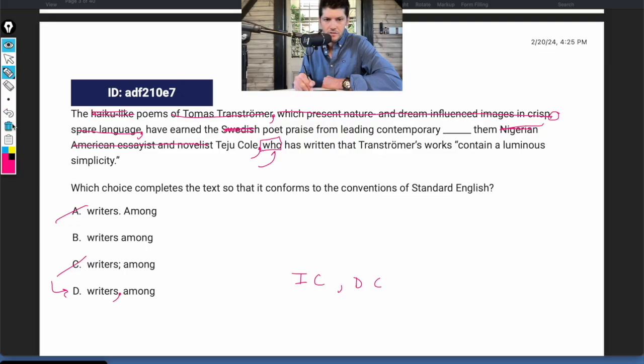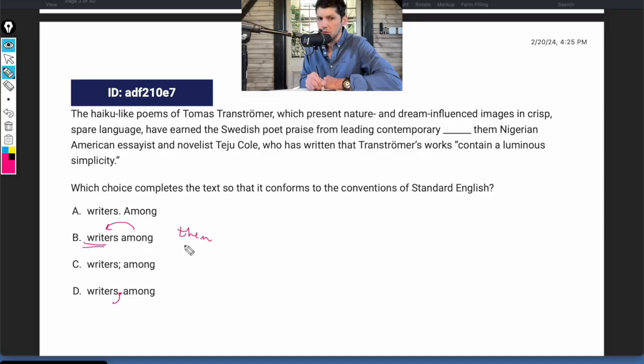In this case, we do want to break these things apart. Why? Because if we don't put a comma here, then among will link writers to them. So it sounds like writers become a subgroup of some unnamed group, them, some otherwise unnamed group, right?